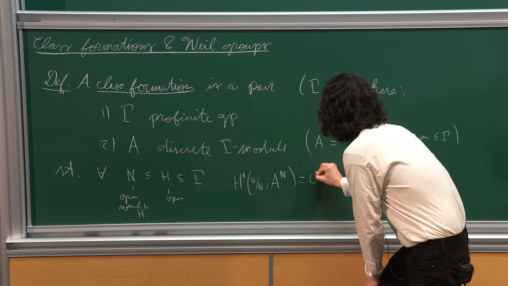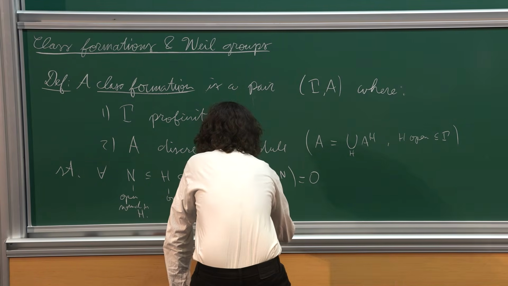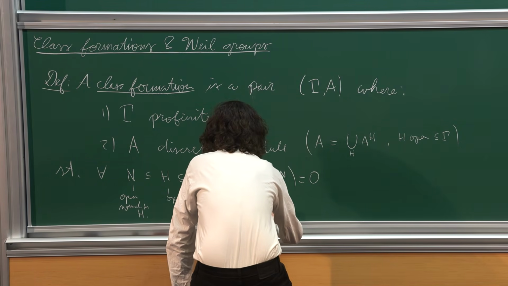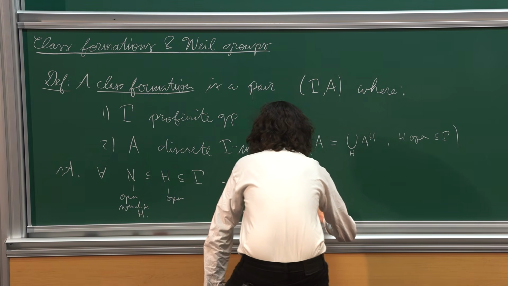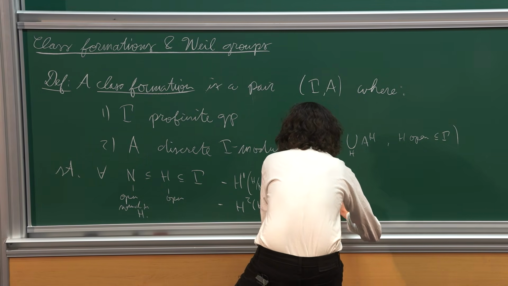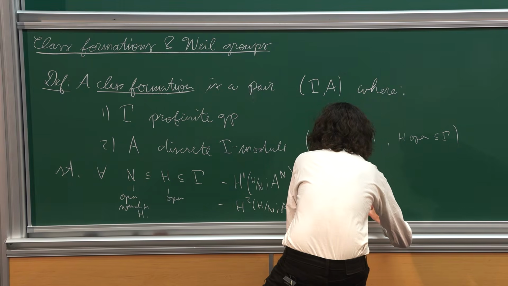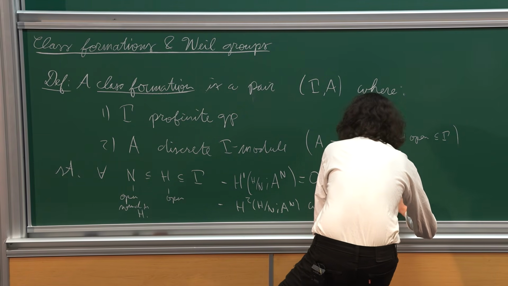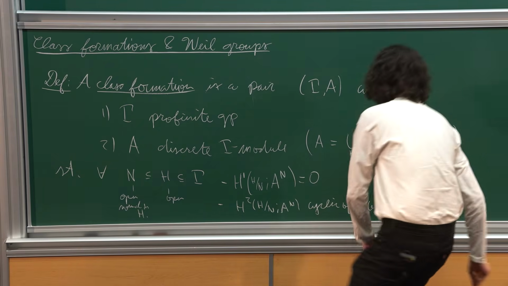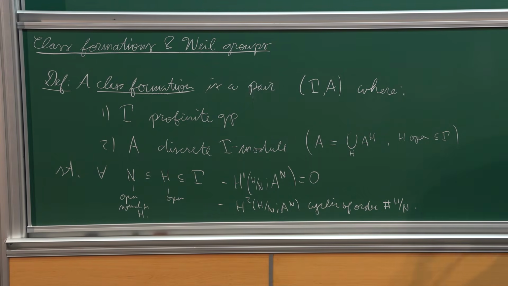So we want the H^1 to vanish, and we want the H^2 to be cyclic of order the index of N in H, so the order of the group that's acting.